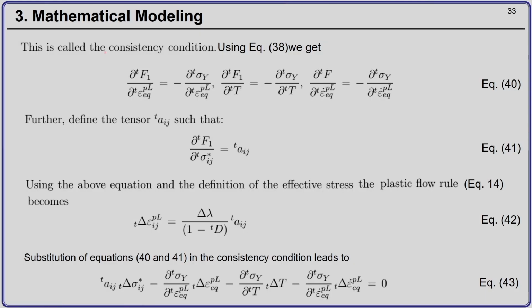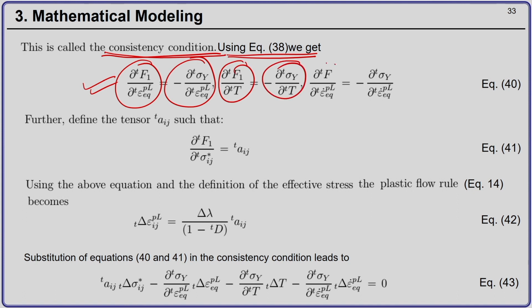This condition is called the consistency condition in plasticity, because it forces our material point to always stay on the yield surface. Now, using equation number 38, you can write del F1 by del epsilon equivalent plastic as minus del sigma y by this, del F1 by del T like this, and del F1 by del epsilon dot equivalent plastic as this.